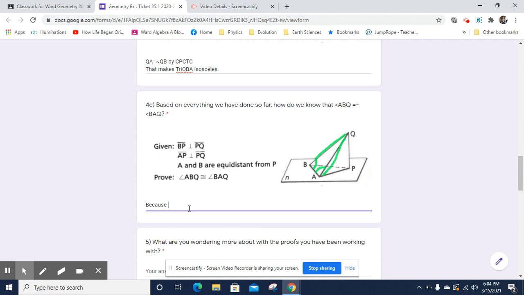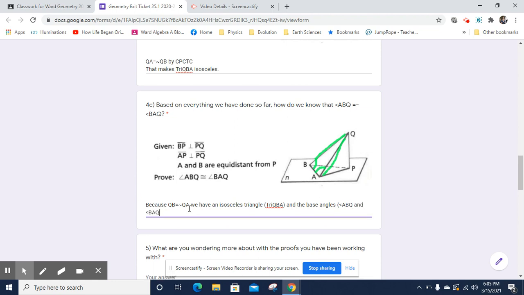Because QB is congruent to QA, we have an isosceles triangle, triangle QBA or QAB. And the base angles, angle ABQ and angle BAQ, are congruent in an isosceles triangle.